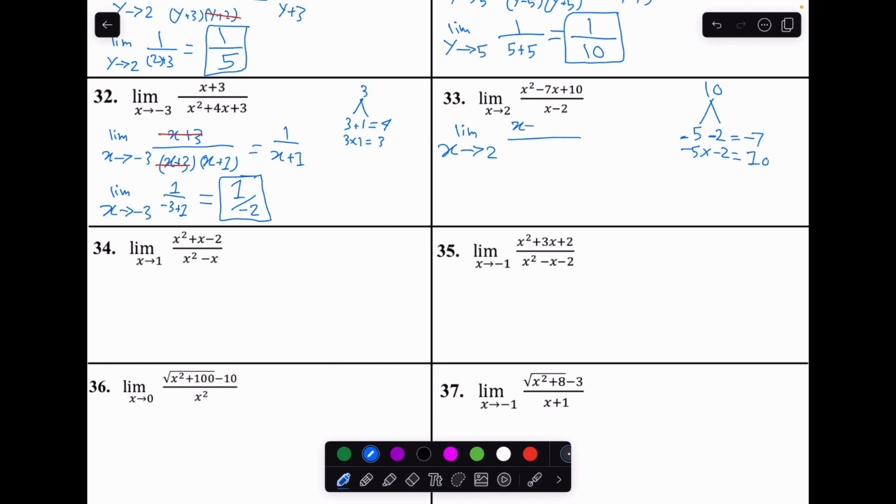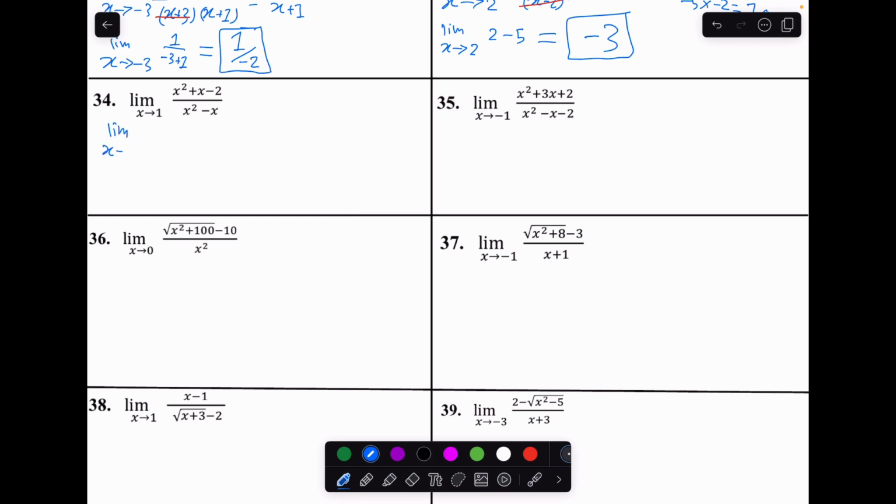So x minus 5 multiplied by x minus 2 over x minus 2. We can cancel these together, and it's equal to x minus 5. Limit when x is approaching 2, 2 minus 5 is equal to negative 3.